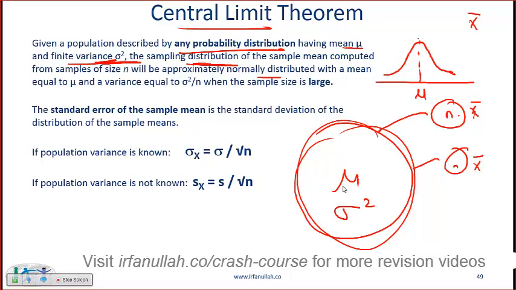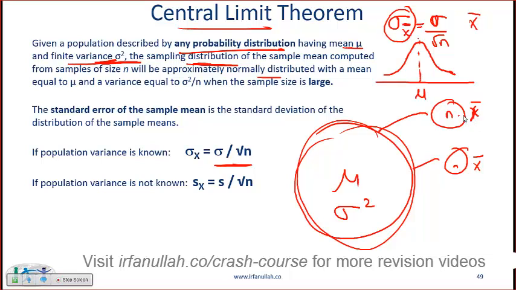What about the standard deviation of x bar? This is given by sigma, where this sigma is the standard deviation of the population, divided by the square root of n. And this sigma x bar is also called the standard error. Sigma of x bar is the standard deviation of the distribution of the sample means.